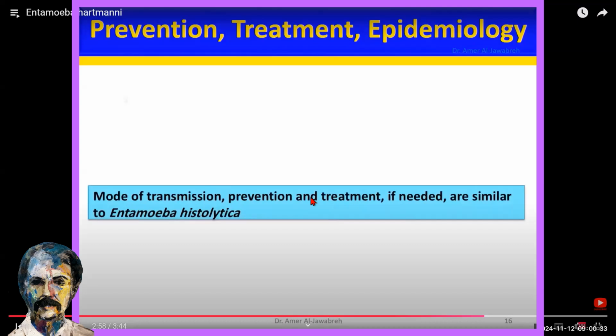What does it mean if you have this non-pathogenic trophozoite or cyst, the infection inside you? It means there's poor hygiene. Sanitation is not okay, and the hygiene is not okay, whether this is personal hygiene or the area around you. So my recommendation is that you have to get rid of it. Some people say, don't give treatment. I say, no, give treatment, because it's not normal to have parasites inside you.